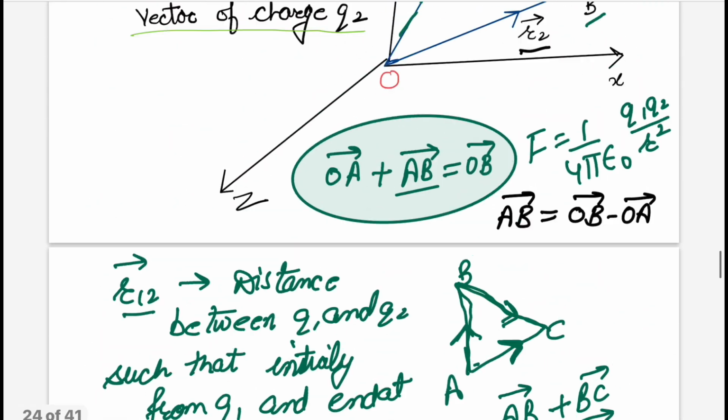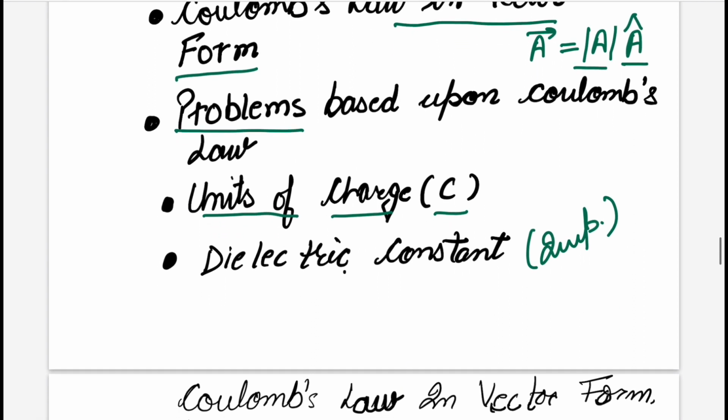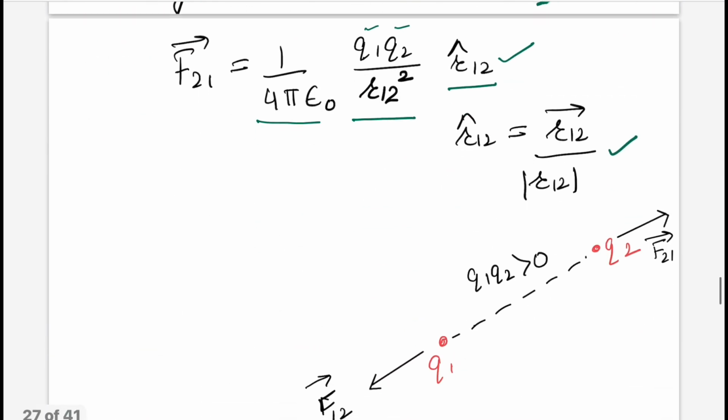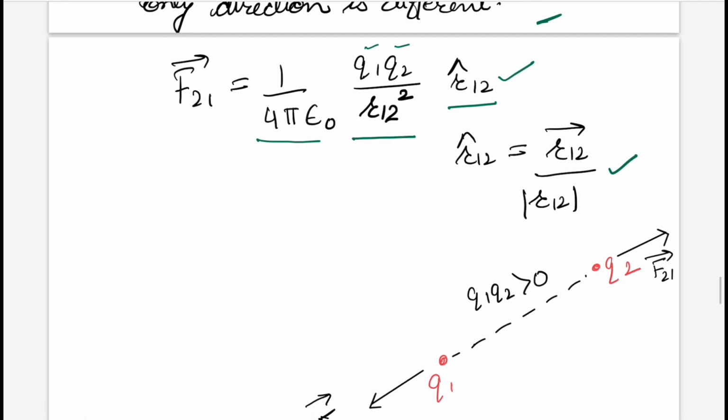Because we have defined the vector as the magnitude times the unit vector. So the unit vector will be the vector divided by its magnitude. So R12 cap, this thing is called cap, is equal to the vector divided by its magnitude.